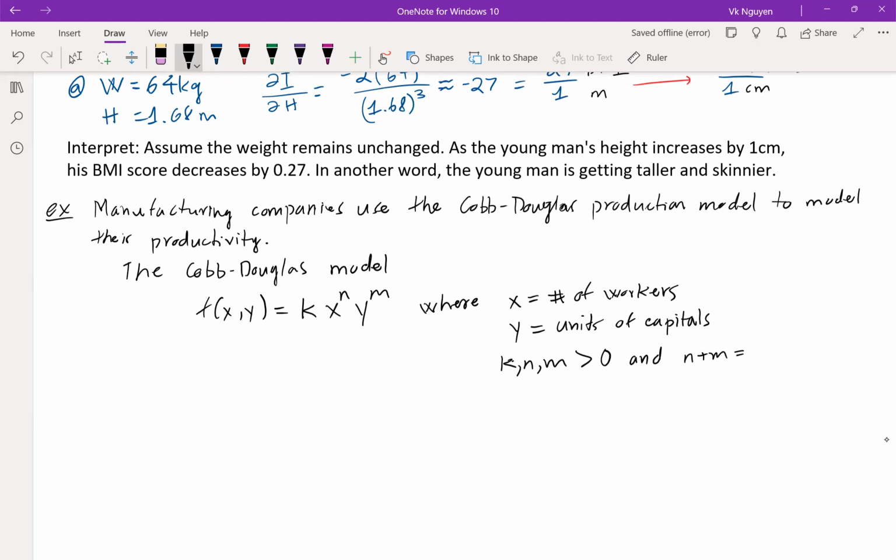This is the model that is widely used in many manufacturing companies.